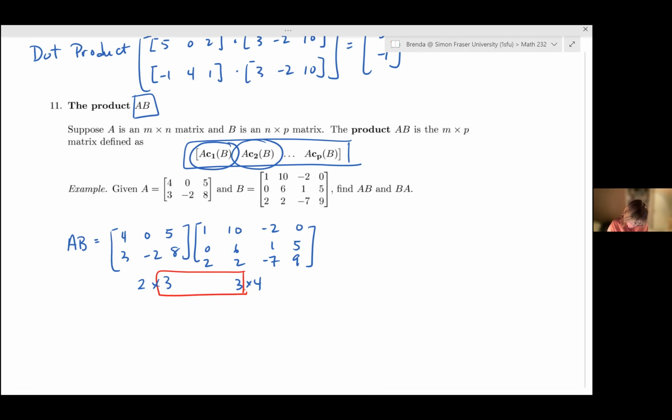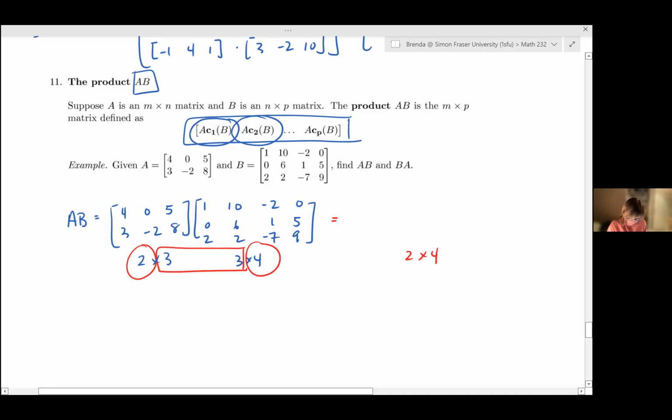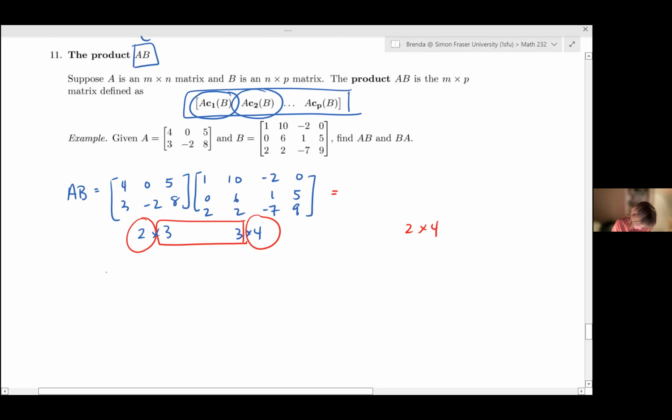Also, I know what the resulting size is going to be over here. I know it's going to be 2 by 4. So the resulting matrix is going to be 2 by 4. If it's not for some reason, then you know you've made a mistake. Okay, so let us see how I do that. I come here and I take the first row into the first column. So I say 4 times 1 plus 0 times 0 plus 5 times 2.